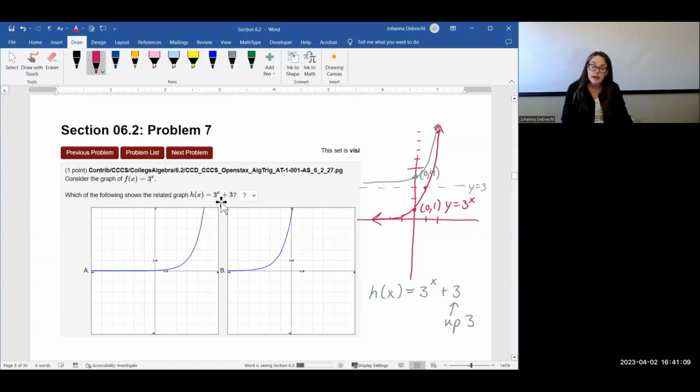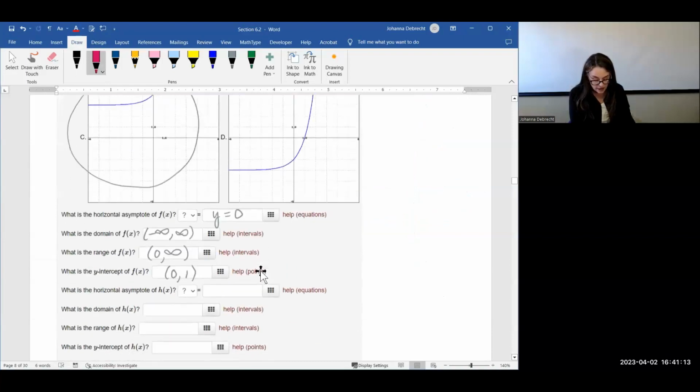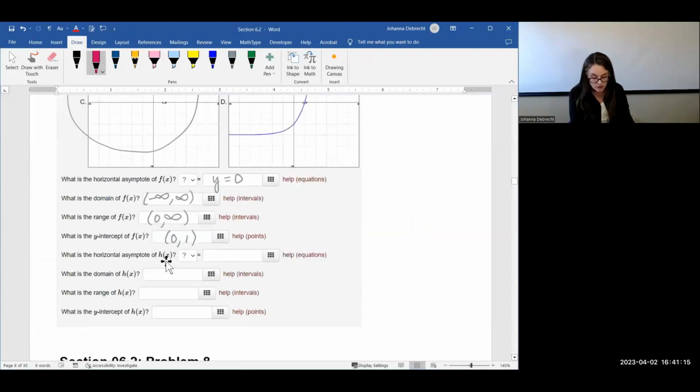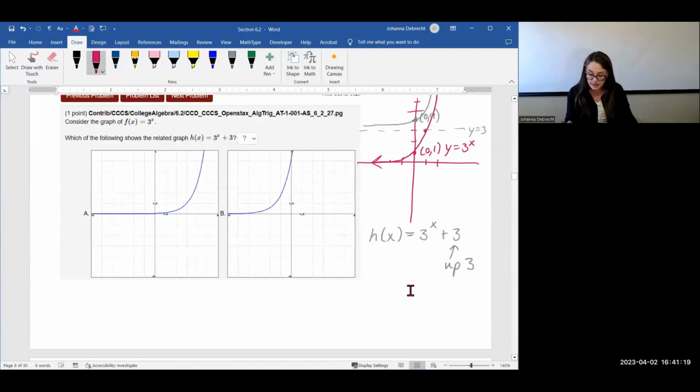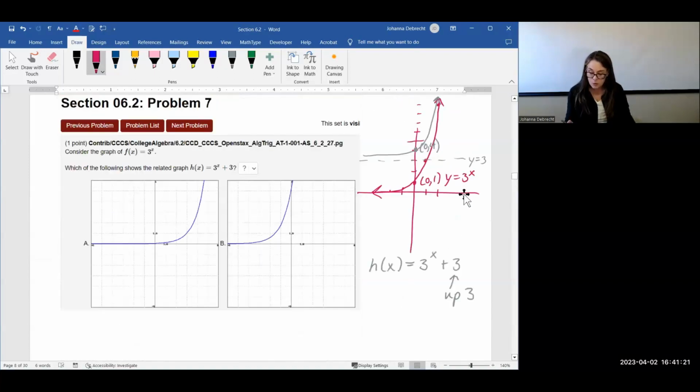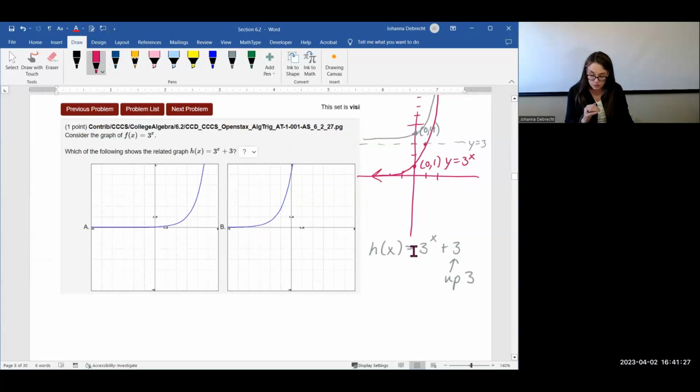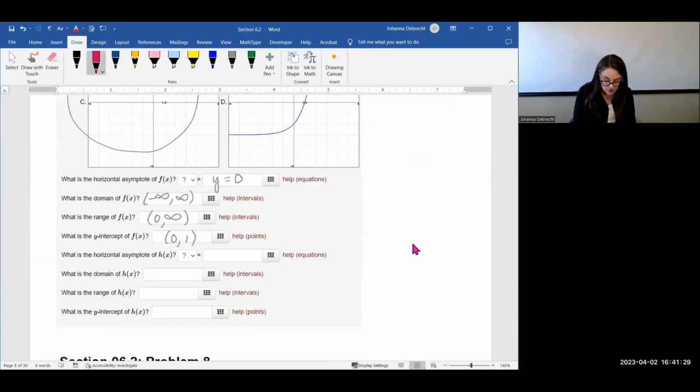So now we're going to look at the other things that it wanted us to change. What is the horizontal asymptote of the translation? Well, when we translated it, we shifted it up 3. So that horizontal asymptote shifted to y equals 3. I should have done these in opposite colors.